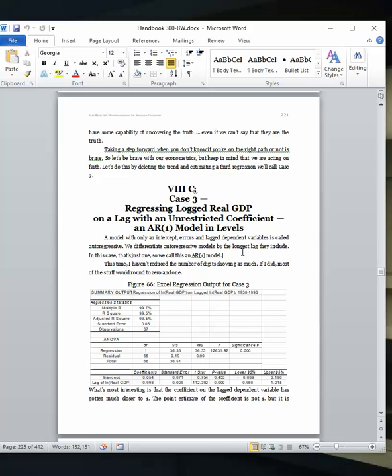Now, as I mentioned before, part of the problem with Excel is that it can't actually do a regression where a variable is restricted to 1. But Stata can. Most other programs can as well.